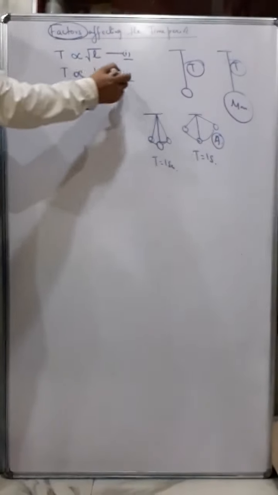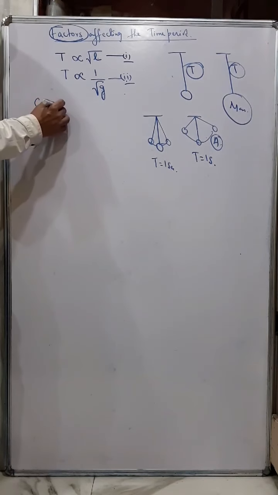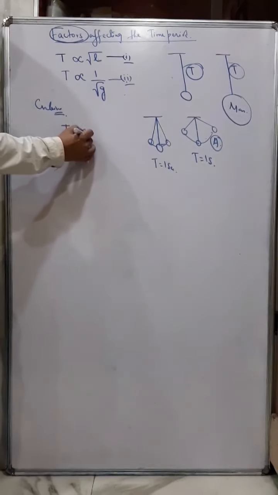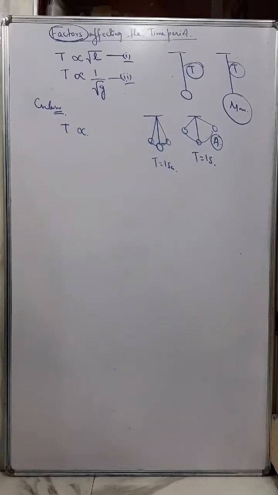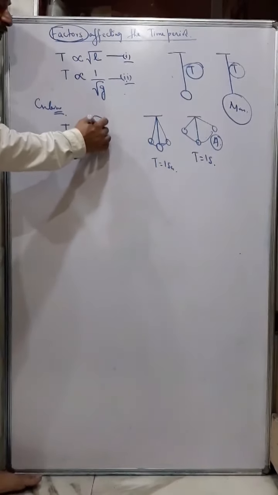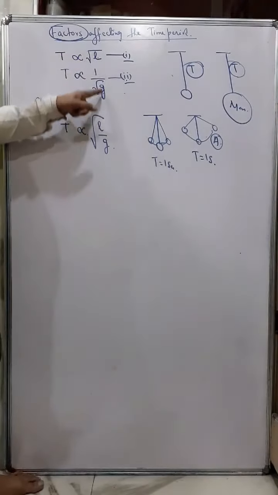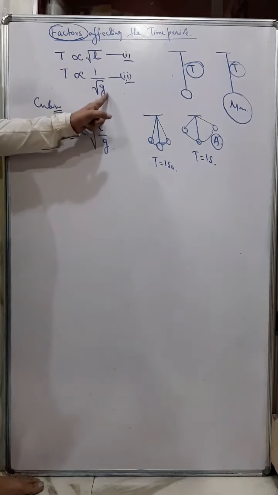Now if I combine these 1 and 2, we can combine them. These are called variation sums in mathematics, which you will learn in class 11 and 12. By combining them I can write it this way: because L is directly proportional and g is inversely proportional, T is proportional to this and inversely proportional to this.